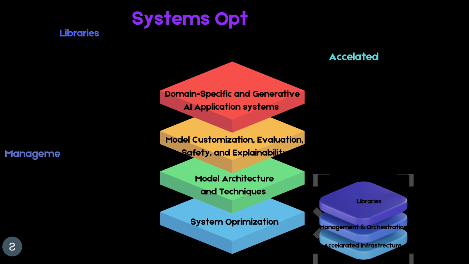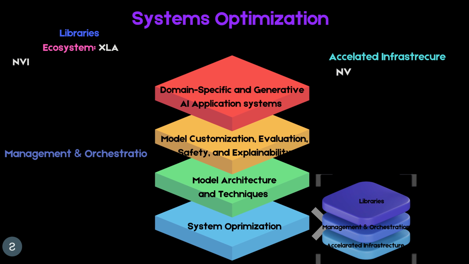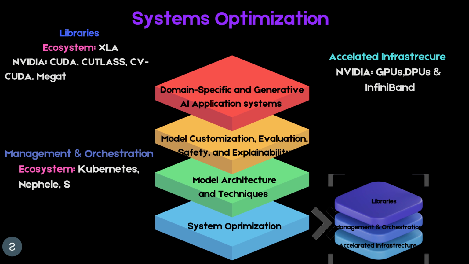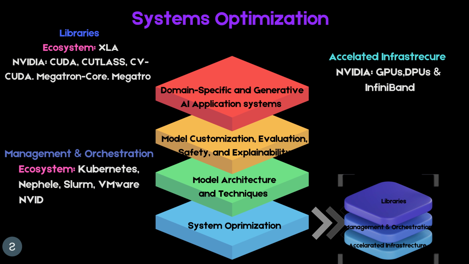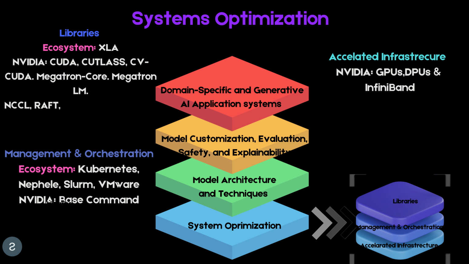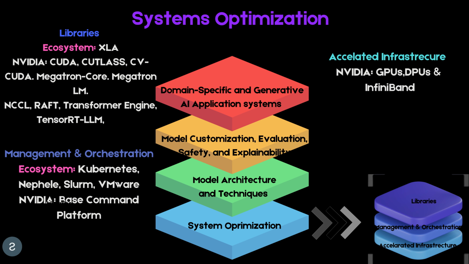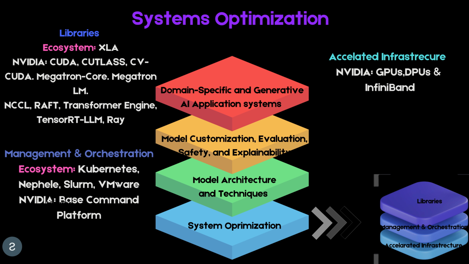Let's look at the bottom layer, the system optimization layer, which is mostly infrastructure and some tools. At the bottom we have the GPU, DPU, and the InfiniBand switch, which connects multi-GPU systems.